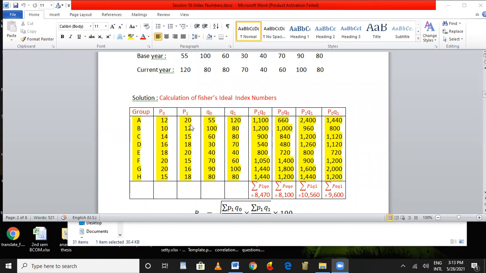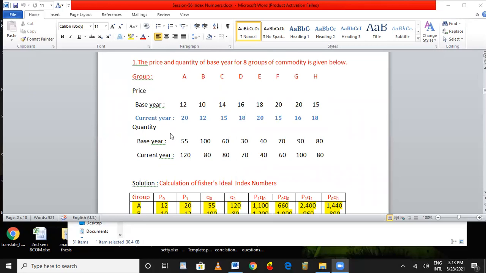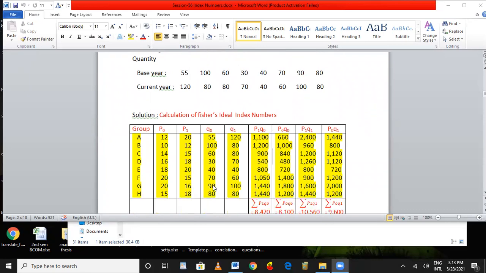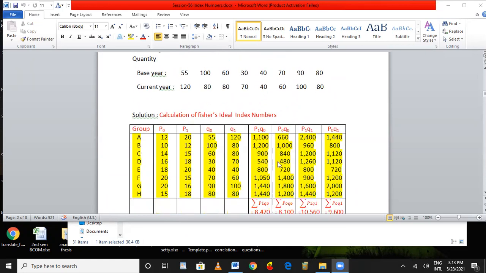Current year prices 20, 12, 15, 18, 20, 15, 16, 18. Q0, the base year's quantity, is 55, 100, 60, 30, 40, 70, 90, 80. Q1, the current year quantity, is 120, 80, 80, 70, 40, 60, 100, 80.